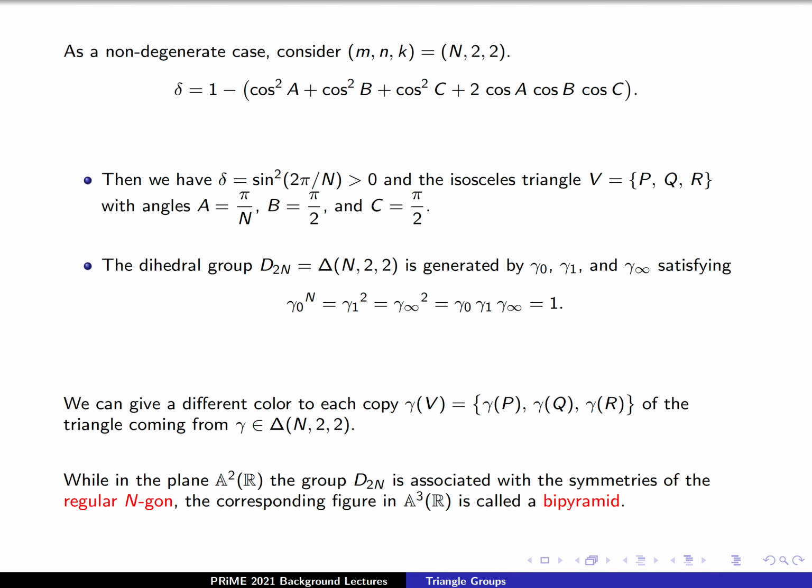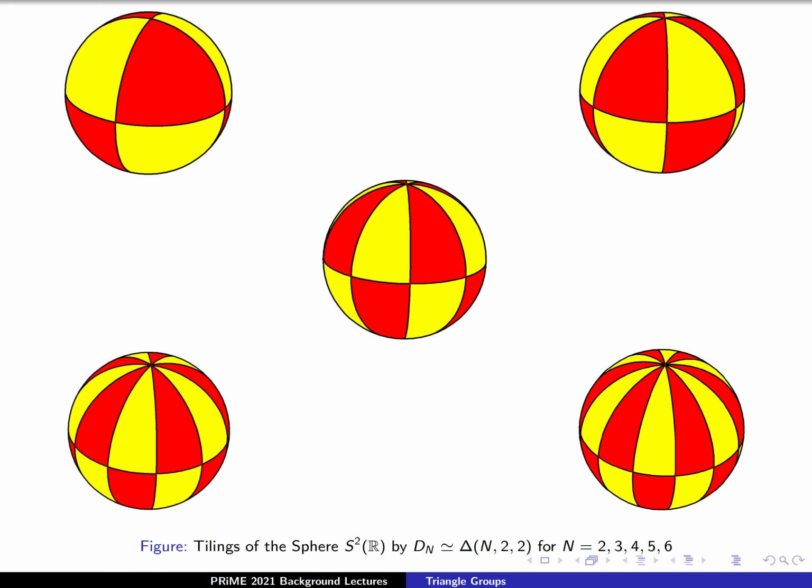Just like before, we can try to give a different color to each copy of the triangle, but in this case, the figure that we'll find will be called a bipyramid. Here are some examples. Remember that the red regions are our triangles. Notice that for each red triangle, we have a vertex at the top. This is the vertex P, and gamma 0 is a rotation by 2 pi over n.